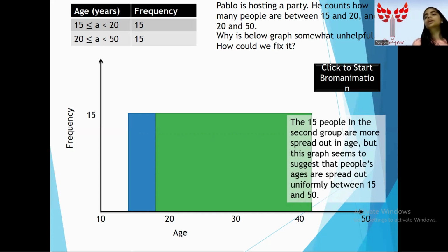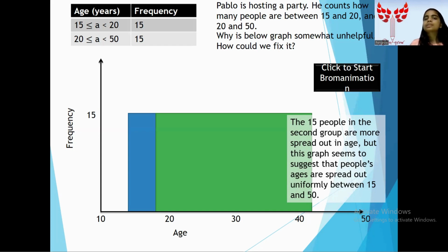So all those 30 people at the party, their ages are uniformly spread between 15 and 50, right? That is not true. So this graph is showing something wrong, because 50% of the people's ages are between 15 and 20 years. The remaining 50% are between 20 and 50. That is a larger set of data.